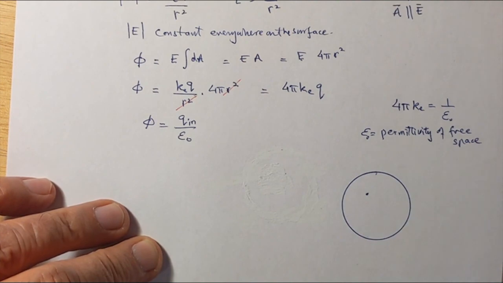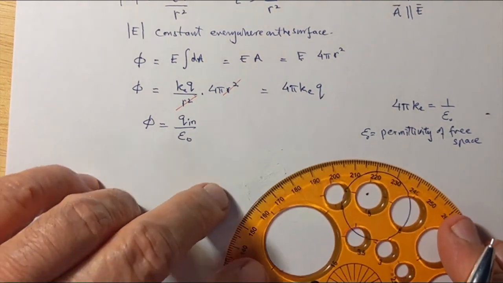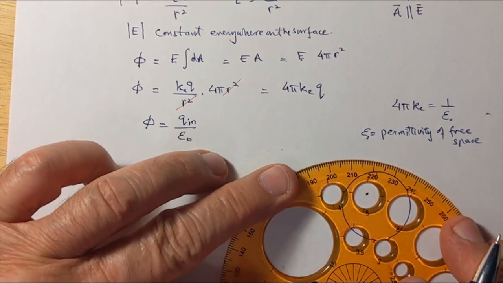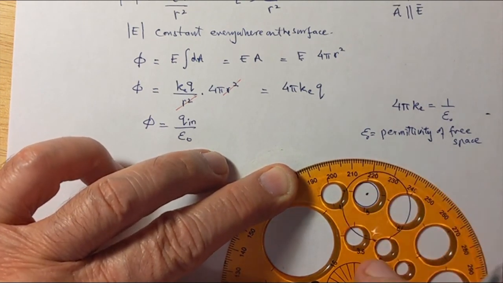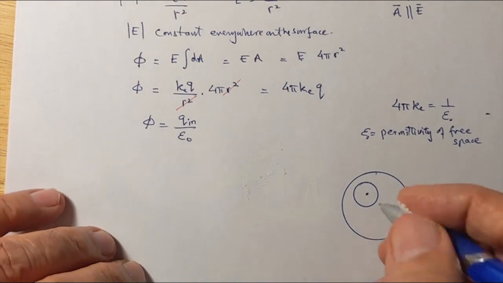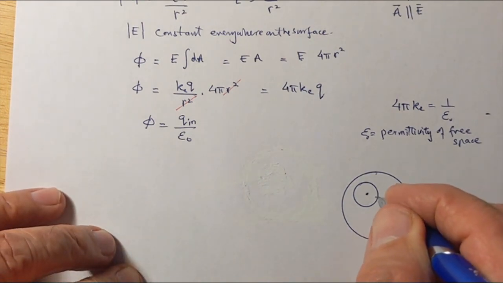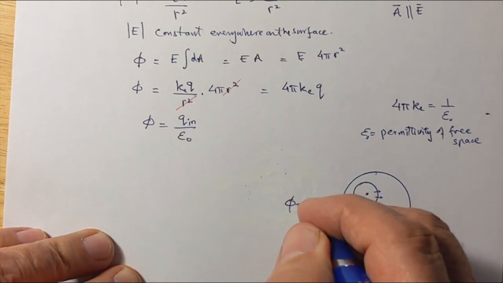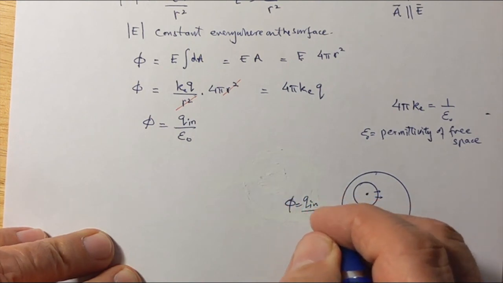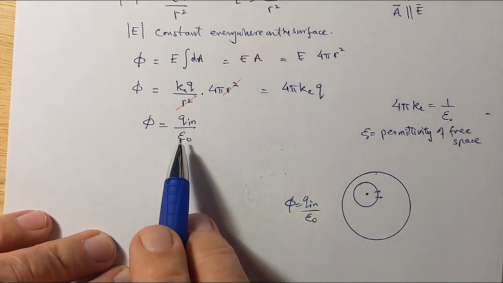So in order to solve that, we'll just make another Gaussian surface, or another volume, for which the charge is right in the middle. And we'll see what is the flux over here. And the flux here is Q in over epsilon naught, which is what we have here.